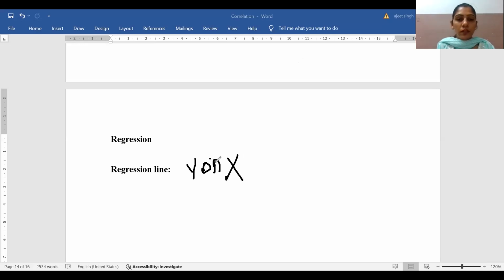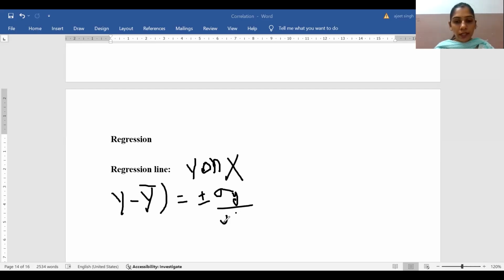Now the equation will be like this: y minus y bar, where y bar is the mean of y, the sum of y divided by n, the number of observations, equals plus or minus standard deviation of y divided by standard deviation of x, then bracket x minus x bar.